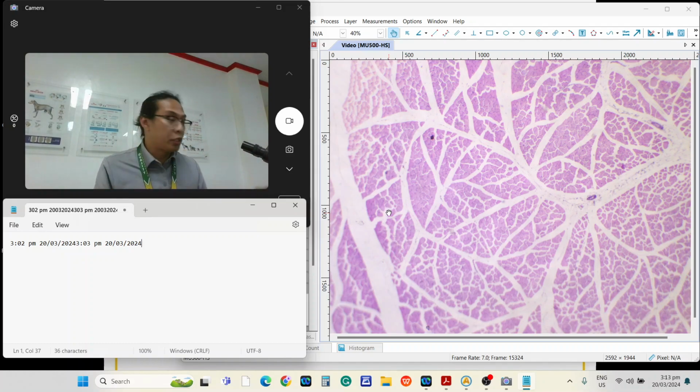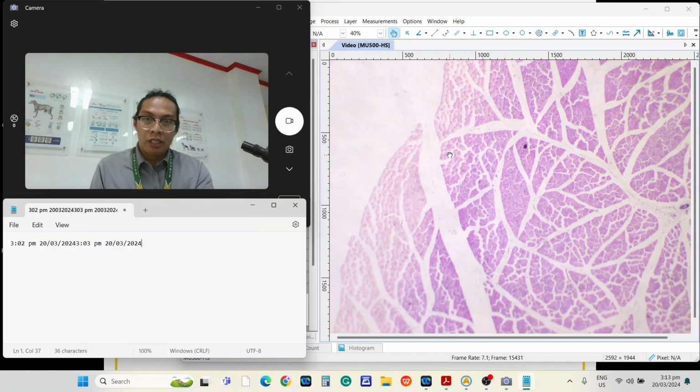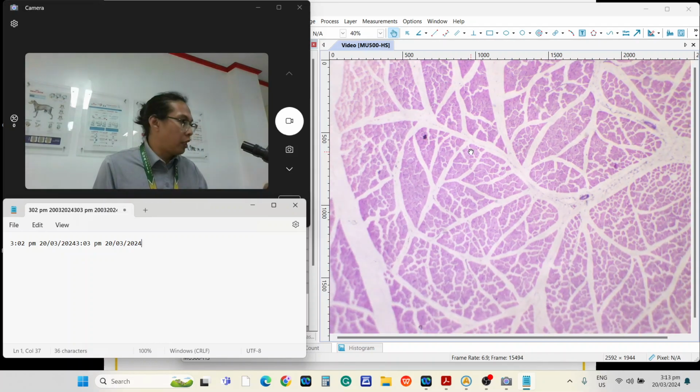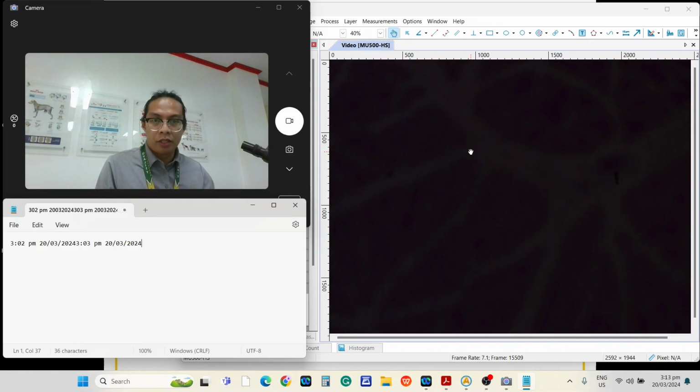While each muscle fascicle, mas madali kasi natin ma-appreciate siya in a cross-section, each muscle fascicle is covered with perimysium, while the whole muscle itself is being covered with epimysium.